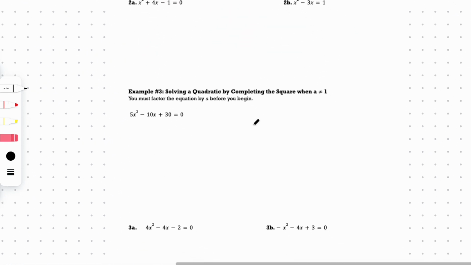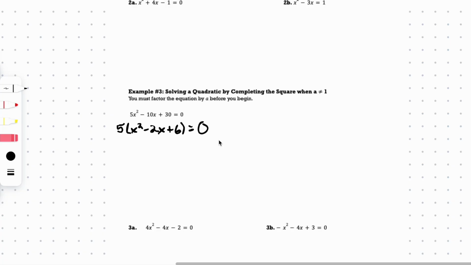So in the case where our a value is not 1, in this case it's 5, we need to factor out the 5. Okay? So I'm going to do that here. We factor out the 5, we get x squared minus 2x plus 6 equals 0.